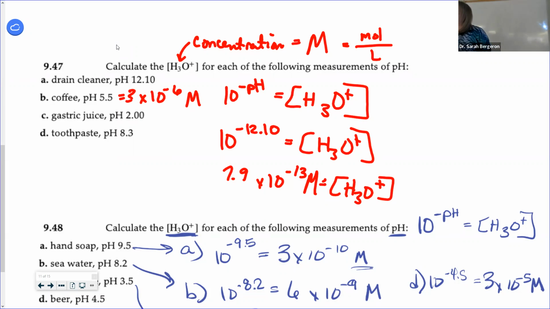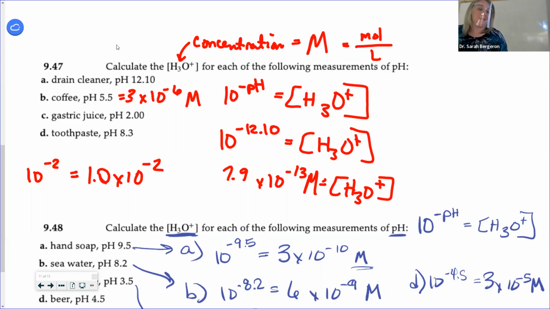Can I take this one down and put the other one back up? Okay. All right, gastric juice. I want to do 10 raised to the negative 2. What do I get? Just 1, and this is really 1.0 times 10 to the what? Negative 2.